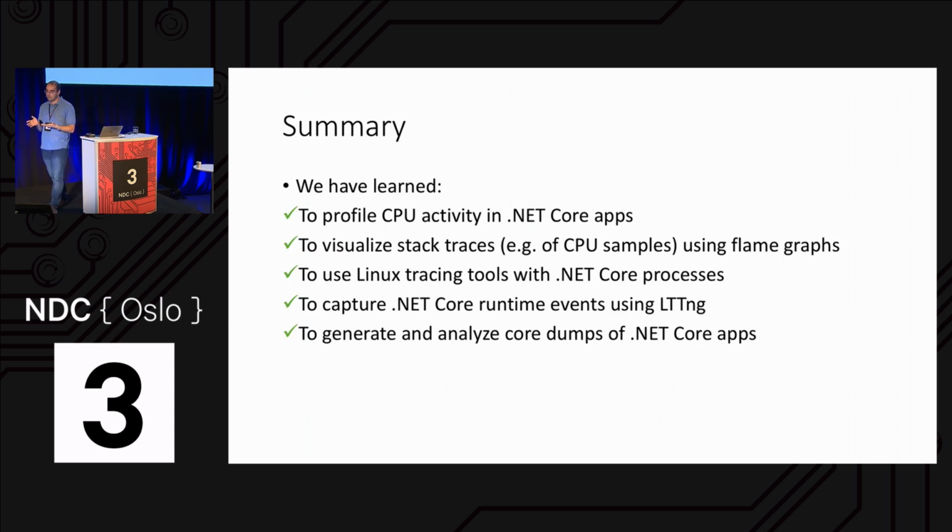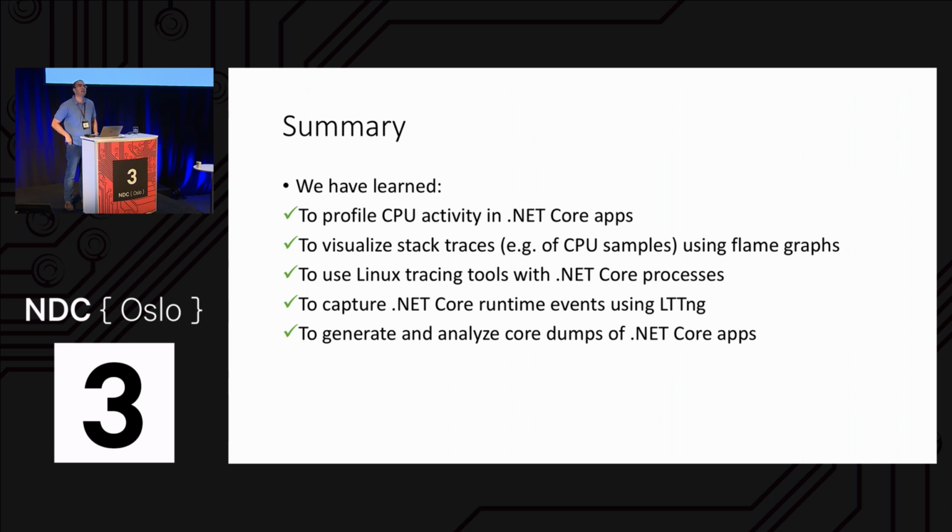In terms of what we covered, just to make sure we really saw it all, we profiled CPU behavior in .NET Core applications using PERF and flame graphs. We visualized, again, the stack traces we got and saw in a nice diagram where our application was spending lots of time on the CPU. We used Linux tracing tools such as PERF and BCC to look at .NET Core applications, and that works.